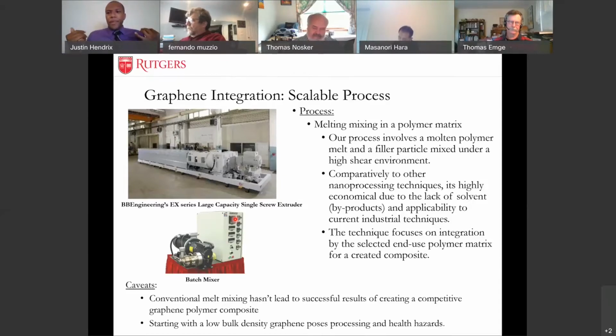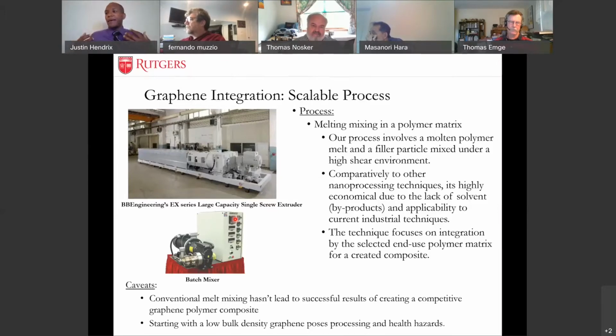Now, the drawback in using scalable processes with graphene is that conventional mixing, starting with graphene, hasn't really led to a competitive composite where it's easily adaptable and everyone says, I want that. One of the issues is that graphene is really fluffy when you try to process it a lot, so it has a low bulk density.